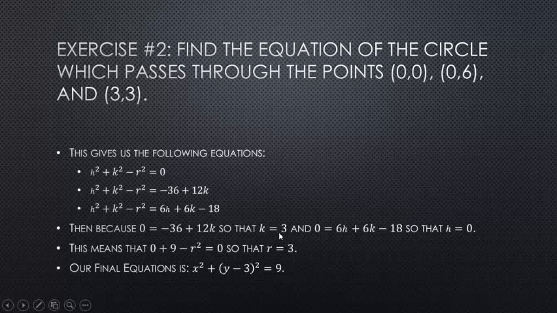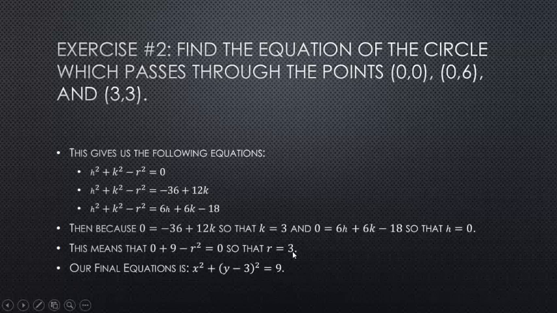Now that we know k is equal to 3 and h is equal to 0, substitute that into the very first equation. h will vanish. k squared will be 9, so I'll have 9 minus r squared is equal to 0. Therefore, r must be equal to 3.